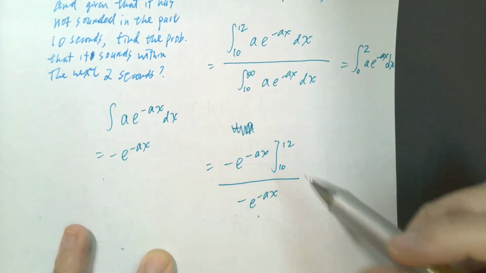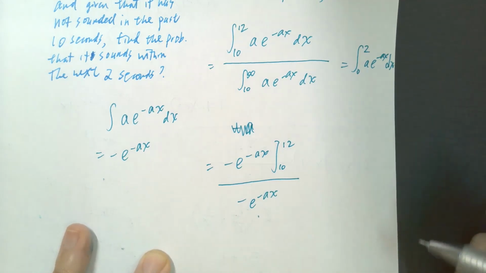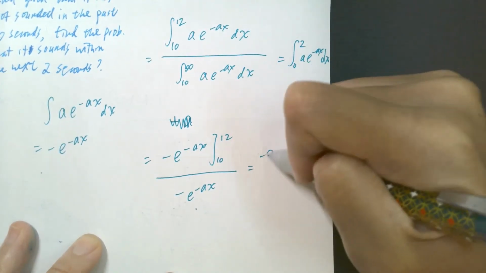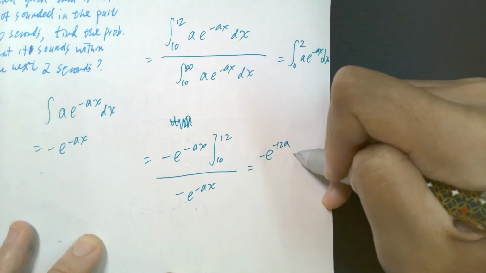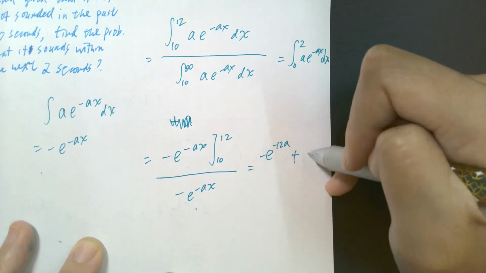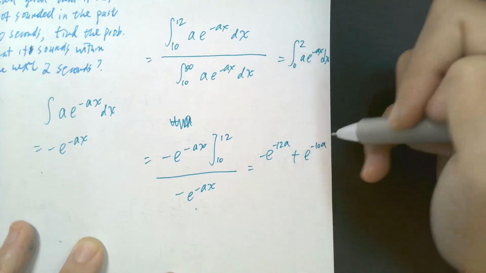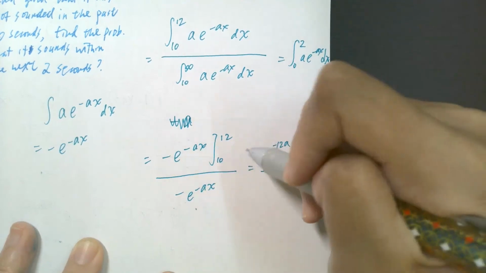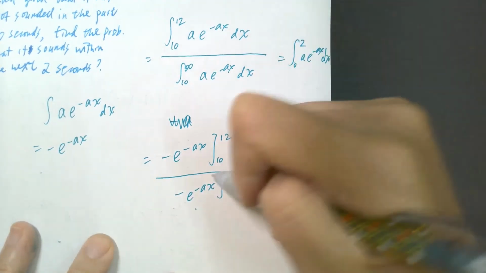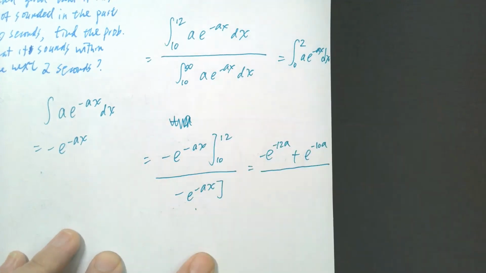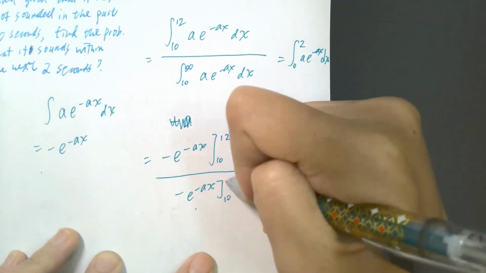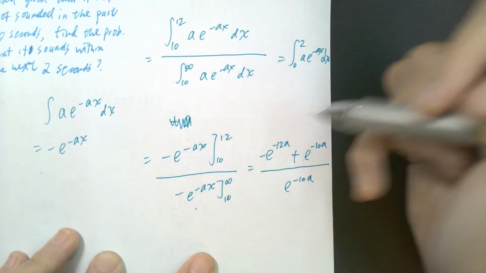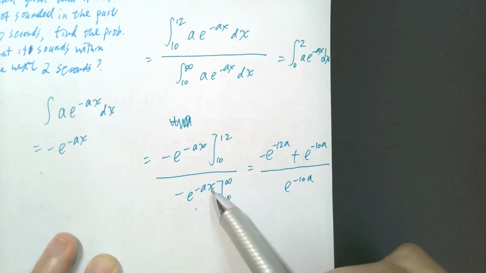And what will we get? We're going to get negative e^(-12a) plus e^(-10a). Sorry, this should be 10 to infinity. The first one is going to tend to 0 if you plug in infinity.